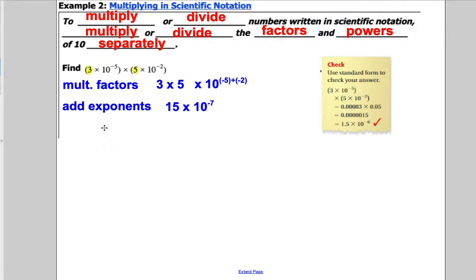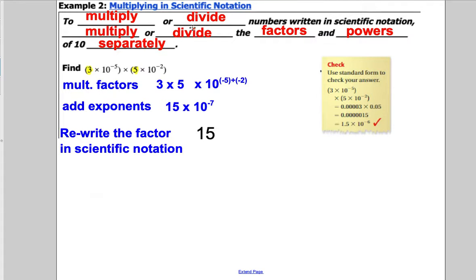Now, here's the tricky part. This needs to be rewritten in scientific notation. And clearly it looks like it is in scientific notation, but because we know that in scientific notation, that first factor needs to be a number that is greater than 1 but less than 10. And 15 is not less than 10. So we need to change that number 15.